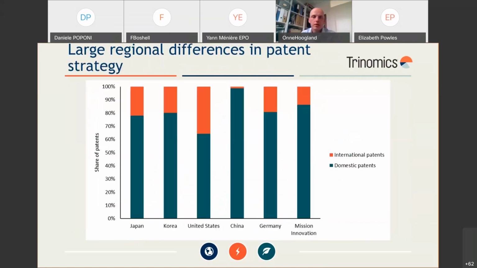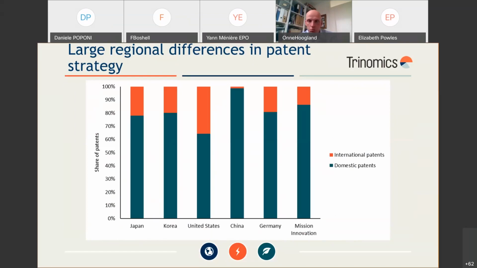What was explicit already a bit in the previous graphs, and is more explicitly shown in this graph, is that there are very large differences in the strategies applied by the different countries. So the Chinese patents are mostly only filed domestically, which could be the result of the large domestic markets.